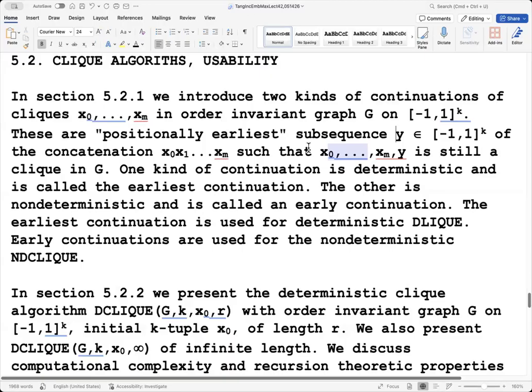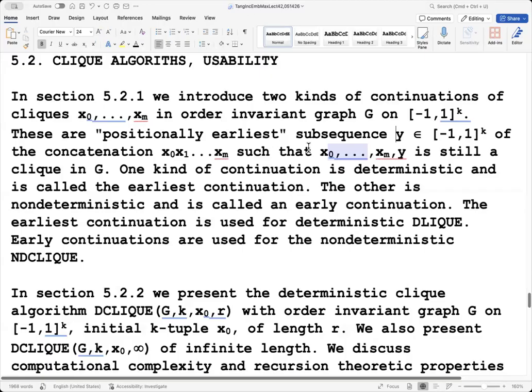And the second one is non-deterministic. The simplest second one is just ND clique. We just pick one. We don't necessarily pick this special one.